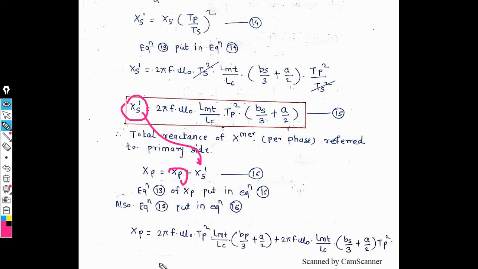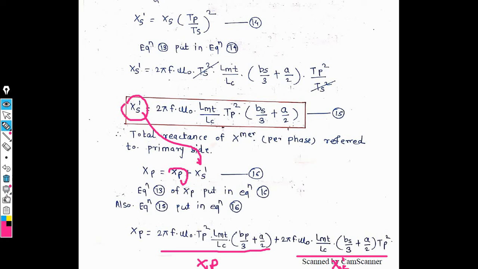Then this is the value of Xp and this is the value of Xs dash. That is, Xp is equal to 2 pi f into mu 0 Tp square into Lmt upon Lc, Bp upon 3 plus A by 2, plus 2 pi f into mu 0 into length of mean turn upon Lc into bracket Bs upon 3 plus A by 2 into Tp square.